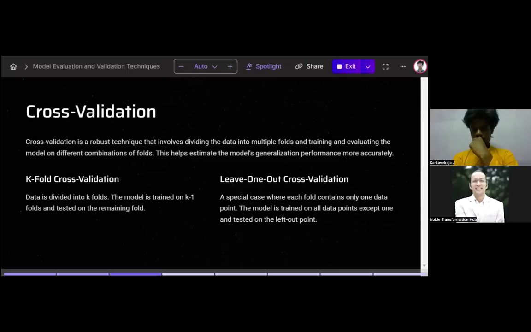The model will train on all data points except the tested one. When we did k-fold cross validation, we had only 40% tested data. Here it will not do that, but applies to the remaining data which we use for training. So that is the difference between leave one out cross validation and k-fold cross validation.